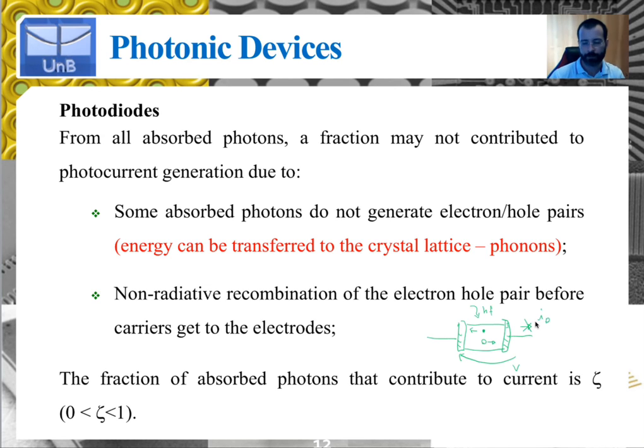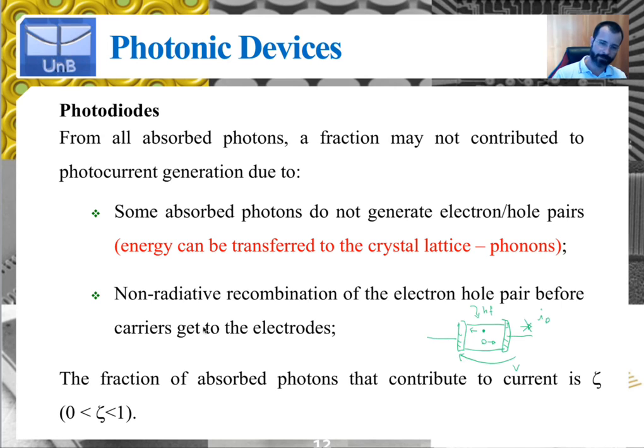So if recombination takes place, some of the generated electron hole pairs, electrons and holes, can be lost. So this is another phenomenon which contributes to the decrease of the photocurrent, to the loss of efficiency in converting the impinging photons into a photocurrent.